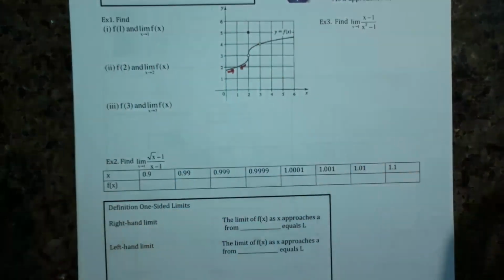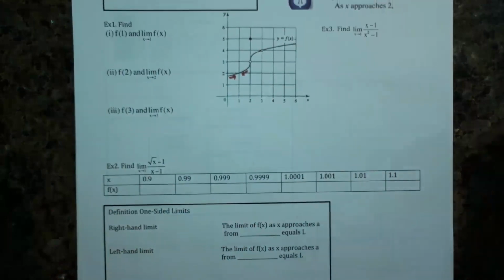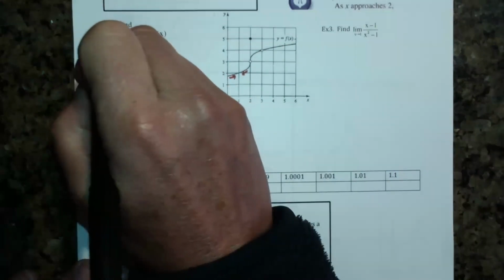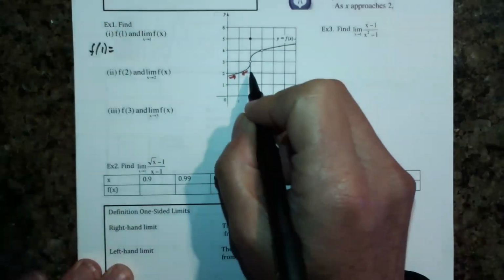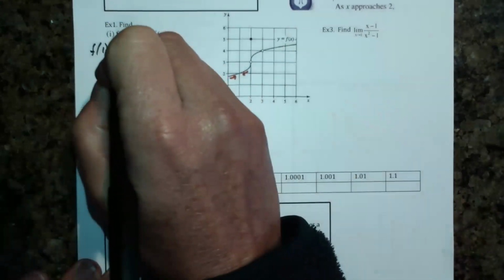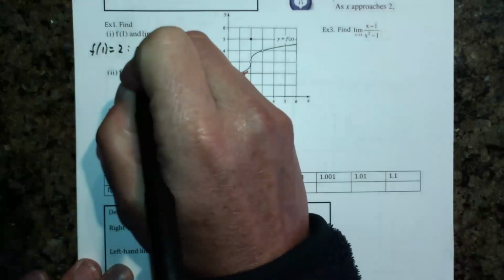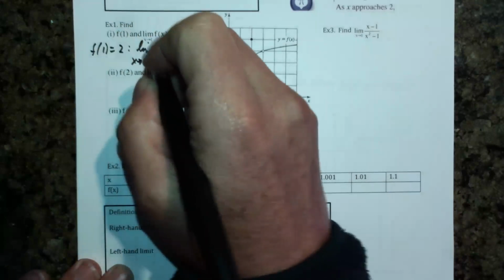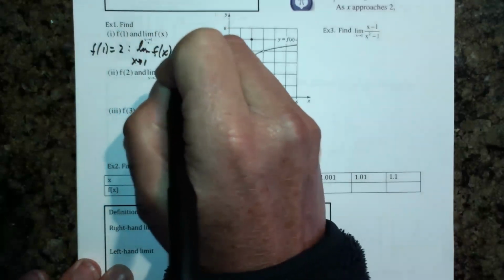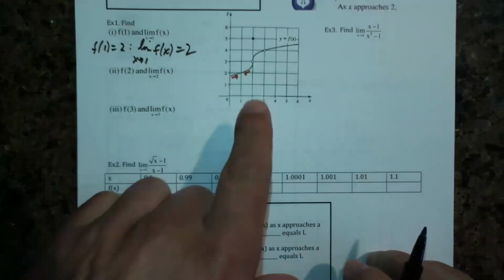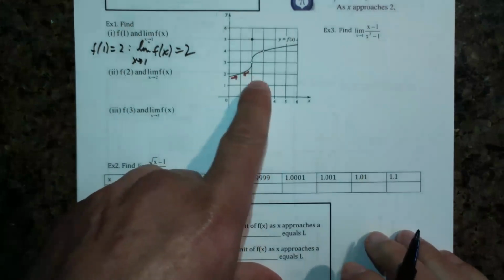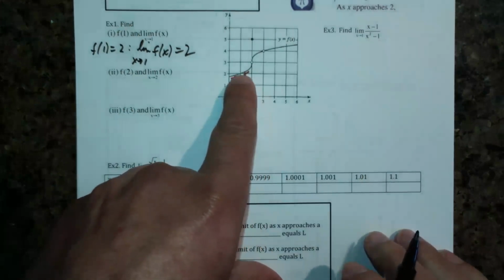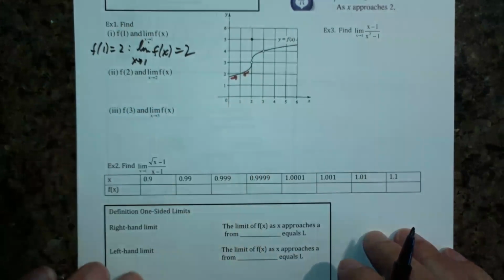And you can see f of 1 in this case is 2. And also the limit as x approaches 1 of f of x is also 2. So notice I approach from the left and the right, and the y value in both cases is 2.